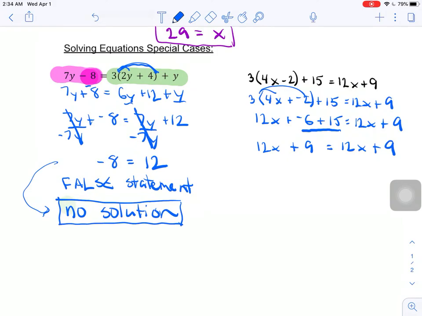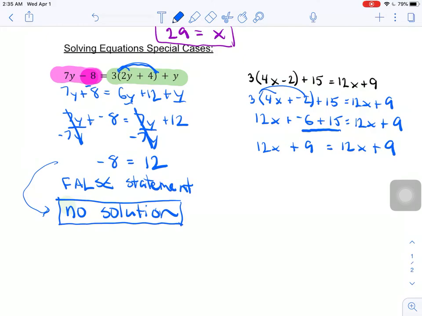Now, I want you to stop and look at what we just ended up with before we move on to our next step. 12x plus 9 equals 12x plus 9. Hopefully you're noticing that the left side and the right side are exactly the same.